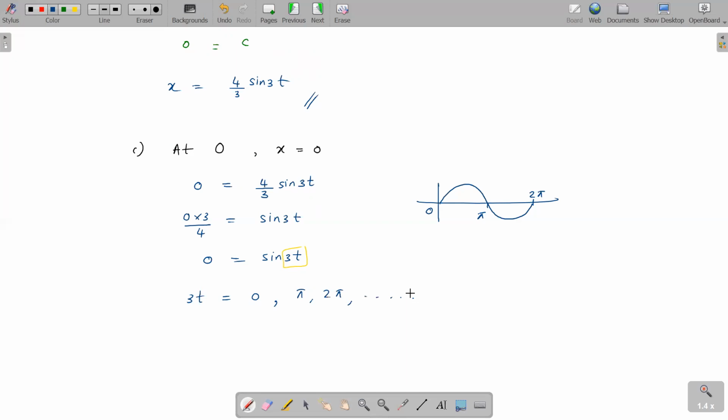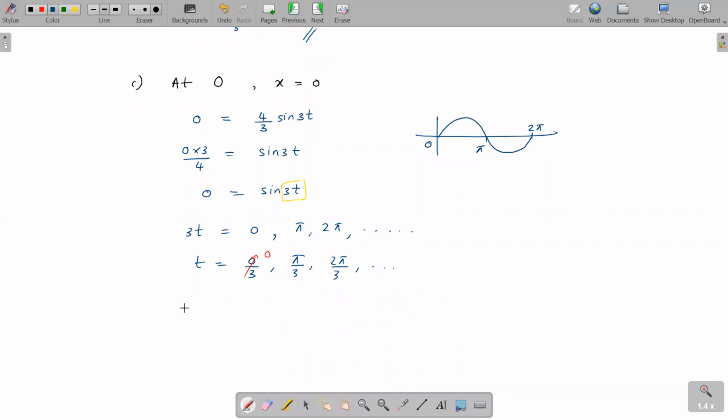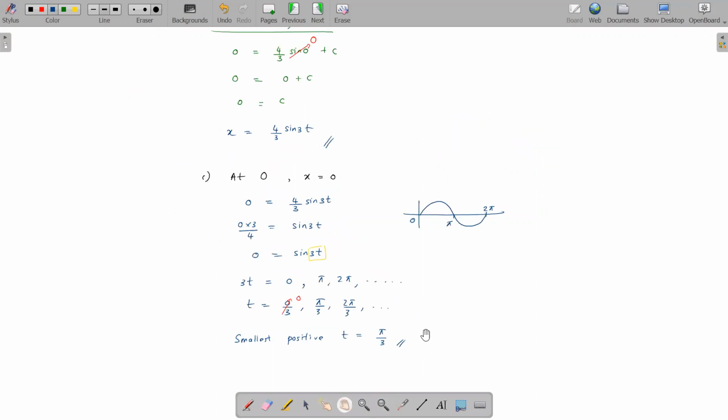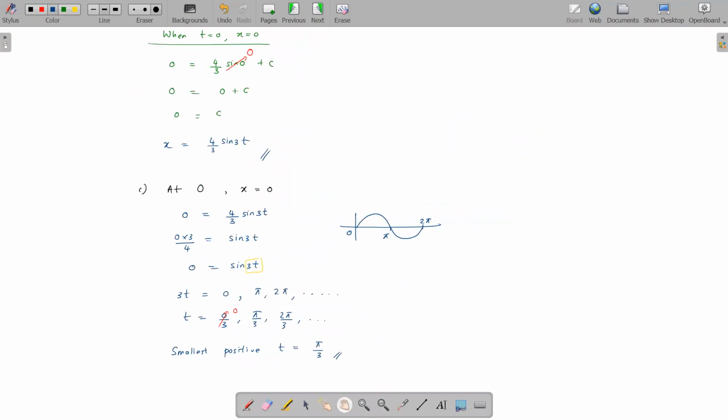So t is going to be 0 divided by 3, pi divided by 3, 2 pi divided by 3, and so on. So what is the smallest positive t I can get here? 0 divided by 3 is 0, so the smallest positive t value is pi over 3. Is this clear? Can you see how this works?